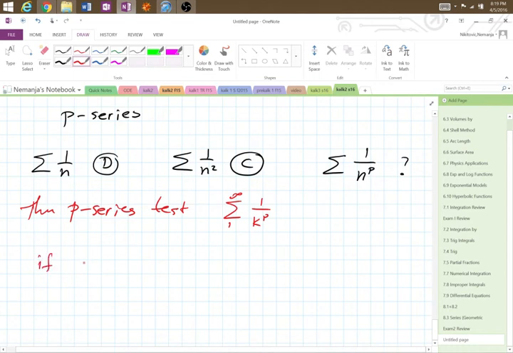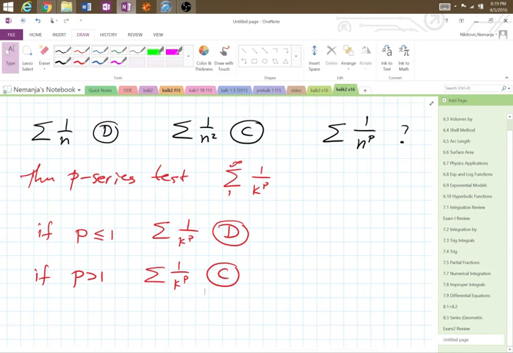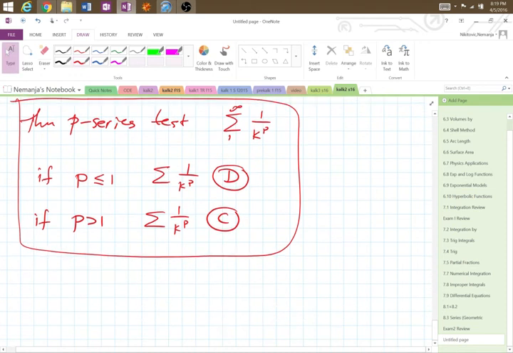If p is less than or equal to 1, the series 1 over k to the p diverges. If p is larger than 1, the series 1 over k to the p converges. You can use the integral test to prove this. In your case, obviously, you will be memorizing the test and just using it.